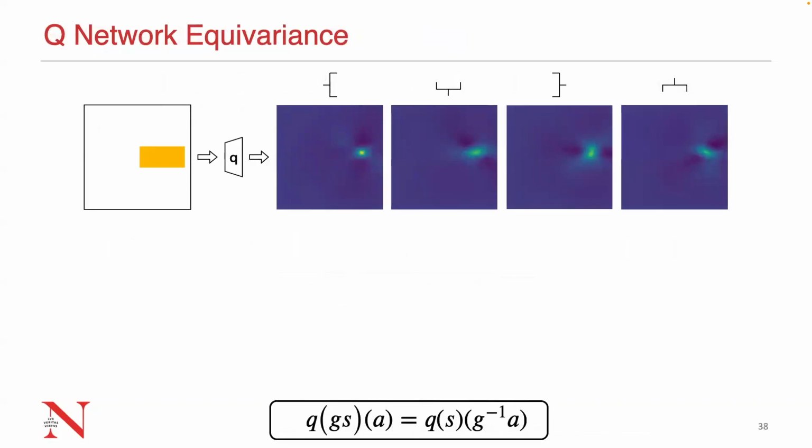So let's imagine that we are in a state where there's a yellow block, and then we have a Q network that generates the Q value for executing all of the possible actions in our action space. The action space here is going to be all of the possible XY positions on the tabletop, which is represented in the image, and also different orientations of the gripper.